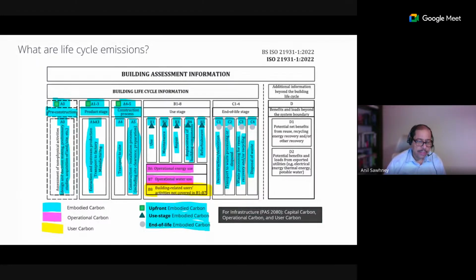The pink, magenta, purple, whatever you want to call it, B6, B7 that you see in the middle of the slide is your operational carbon. User carbon is B8, and I've highlighted that in yellow.